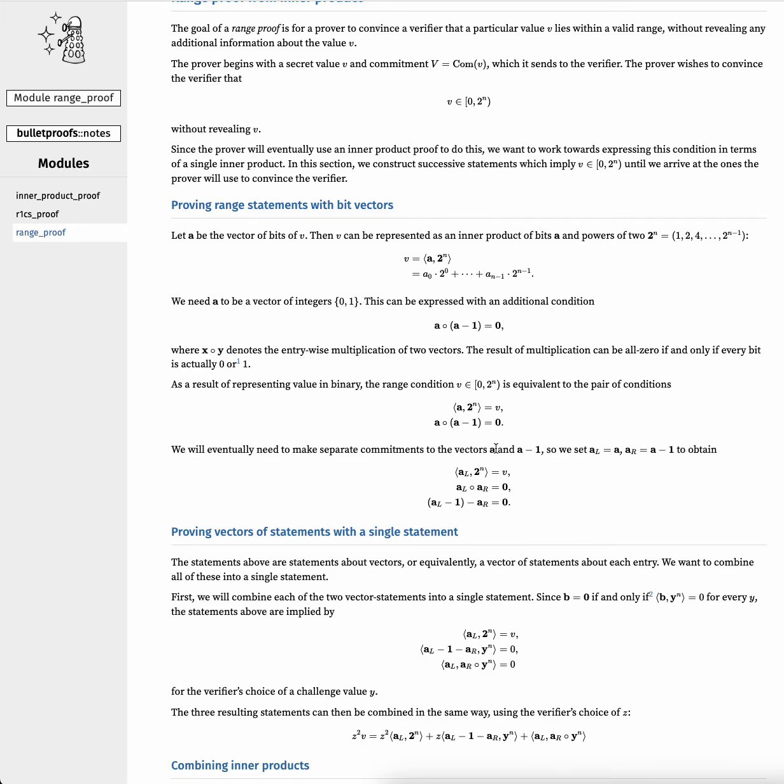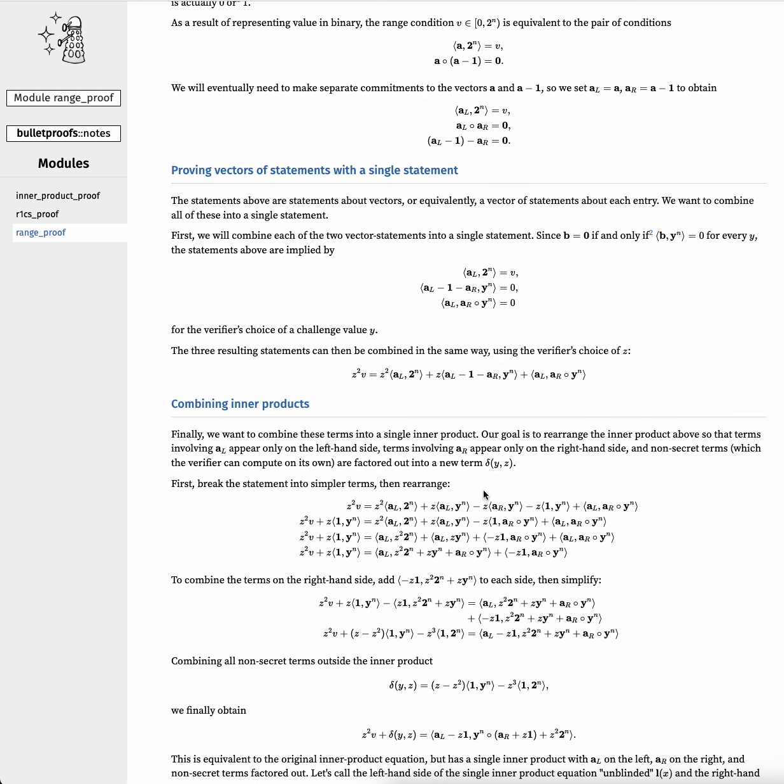To do that, we create another variable called AR, which represents AL minus 1. And we prove that AL minus 1 times AL equals 0, where we have the Hadamard product, and so 0 is a vector, meaning that everything is 0 or 1. All right, if you don't know that, just watch the first video.